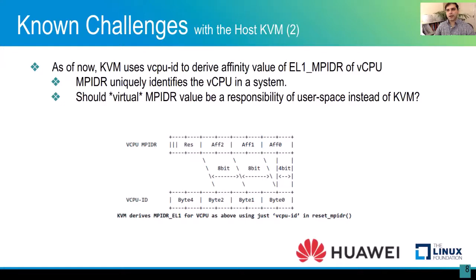And right now, it is being derived using the vCPU ID, which is sent by the QEMU to the KVM. And it does some sort of mapping, as you can see in the diagram, and derives the MPIDR value, which gets programmed into the vMPIDR register for that particular CPU.